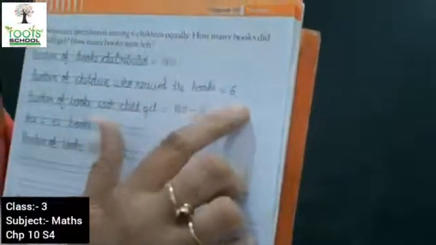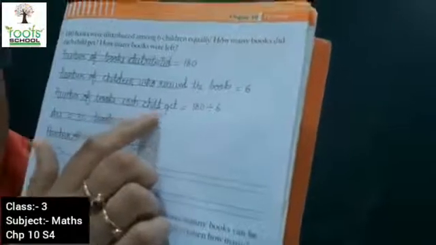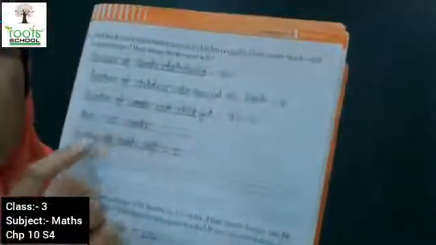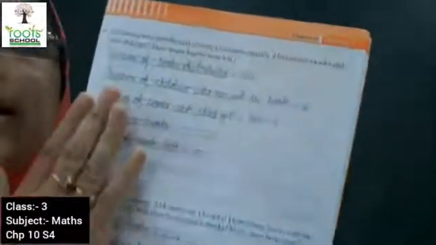So this is the way you are going to write the statements. Number of books distributed is equal to 180. Number of children who received the book is equal to 6. Number of books that each child gets is equal to 180 divided by 6. Answer is 30 books.